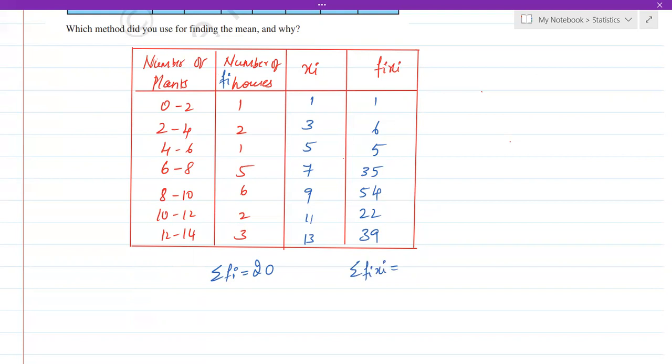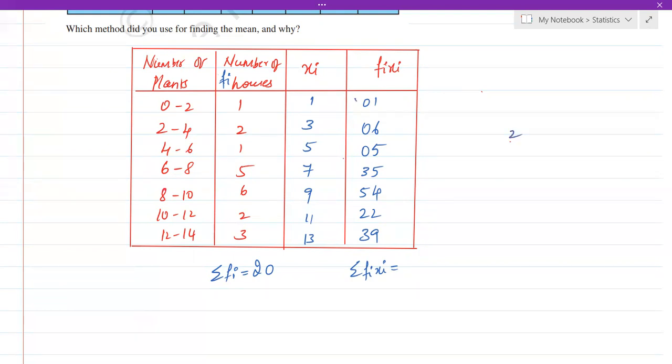So 1 plus 6 is 7. I'm adding only the units place. 1 plus 6 is 7. 7 plus 5, 12. 12 plus 5, 17. 17 plus 4, 21. 21 plus 9, 30. 30 plus 2 is 32. So 2, 3 carry.